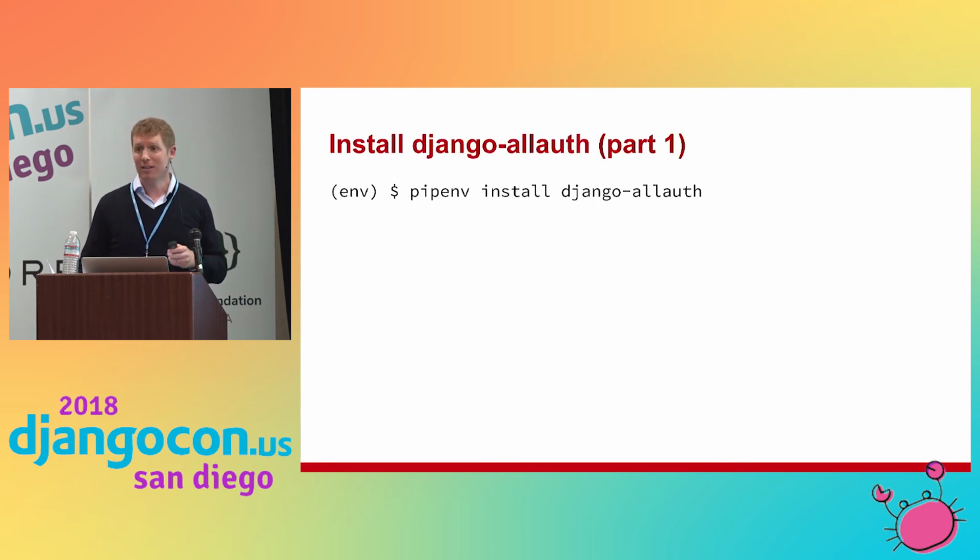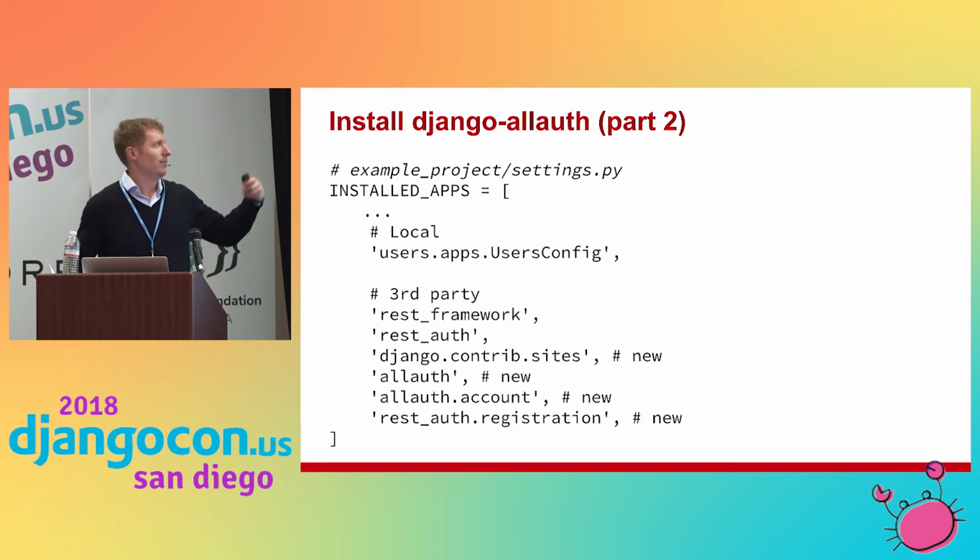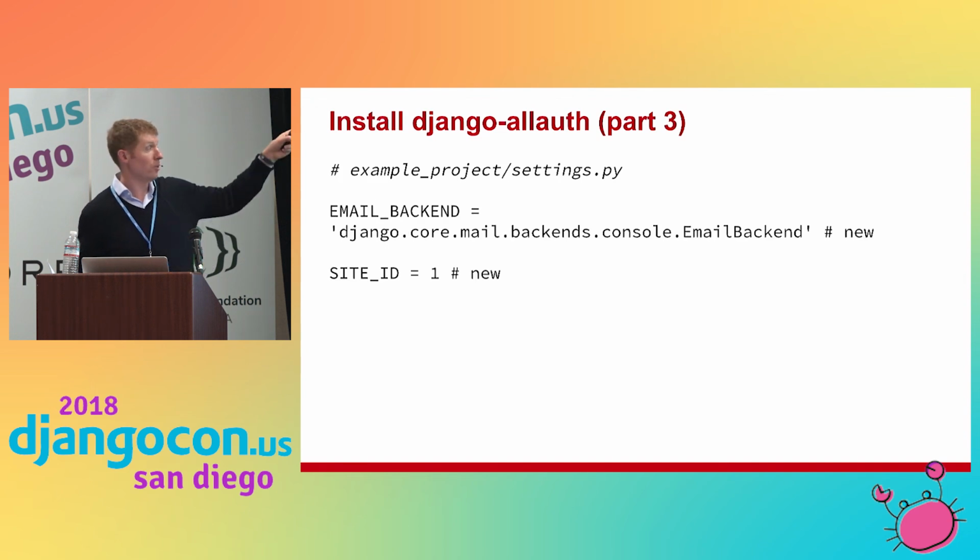All right, last thing, we need sign up. So django-allauth is how I like to do it. I think most people in this room use that. Add a whole bunch of things here. Got to add sites, account, registration. Could talk more about that, but we don't have time. This is an important one. You have to specify your email backend, because by default, it will want to send something when someone logs in or signs up.